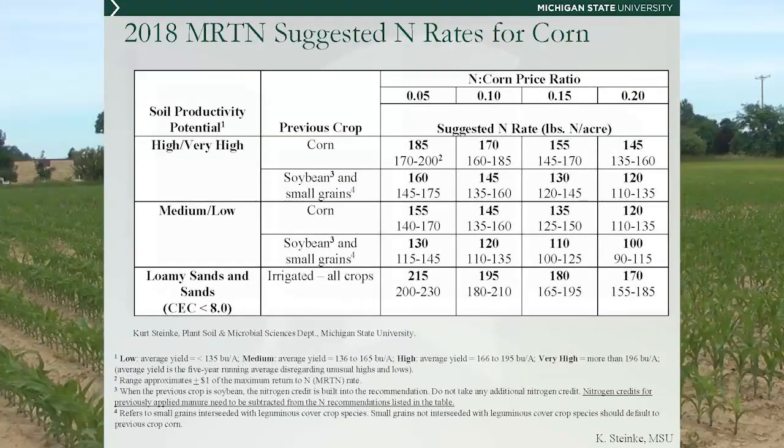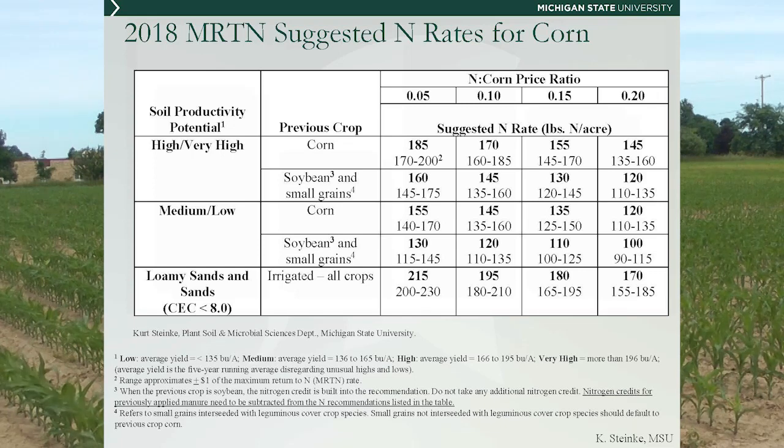This model provides nitrogen rates based on corn response to nitrogen, crop rotation, soil productivity potential, and nitrogen fertilizer to corn price ratios. The way it works is, assuming a linear increase in nitrogen costs, net returns will increase with grain yield until yield plateaus, at which point net returns diminish.